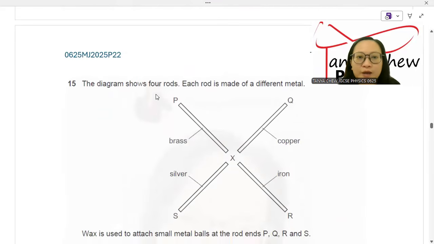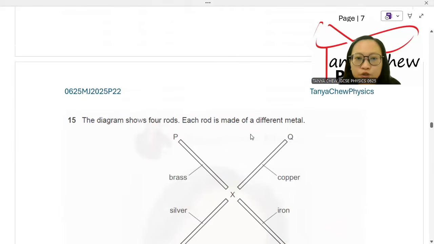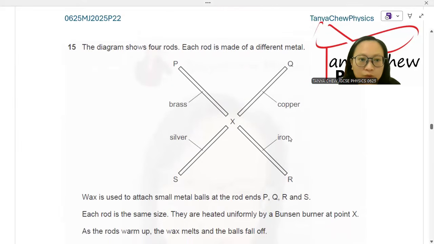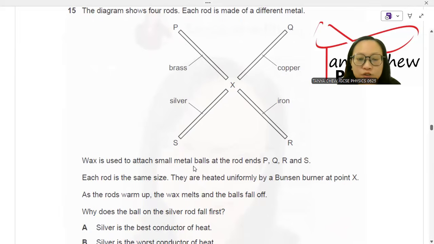Number 15, the diagram shows 4 rods. Each rod is made of a different metal. Wax is used to attach small metal balls at the rod ends P, Q, R, S. This is where wax is being attached to the small metal ball. Now, each rod is the same size.